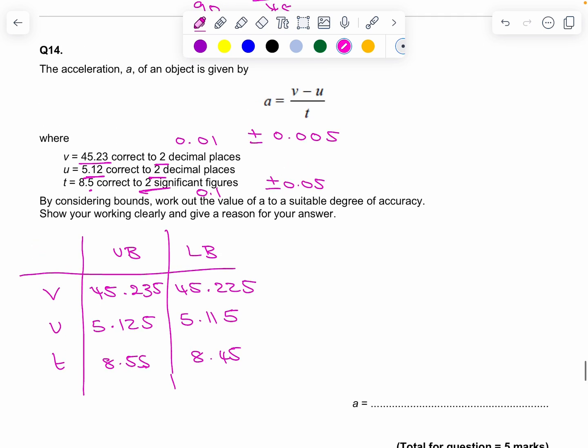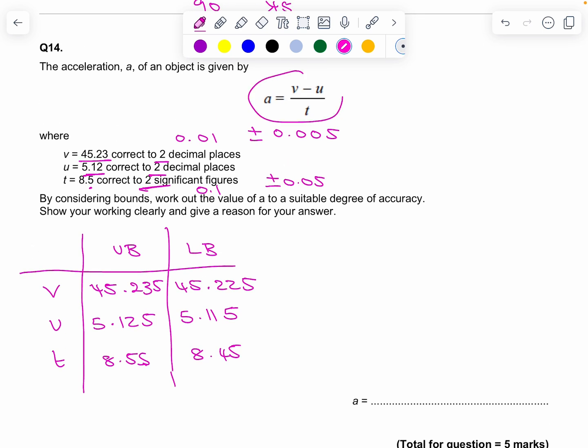Now we have to actually put it into this formula here. So to find the upper bound of A, I'm going to take my biggest possible V. So I'm going to highlight all the ones I'm using for that one.